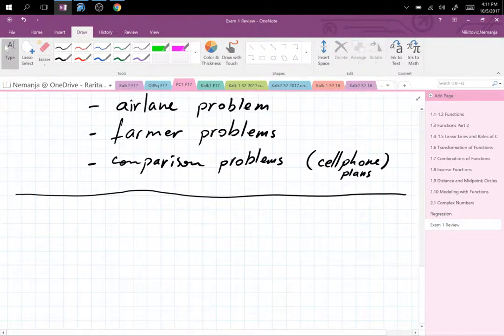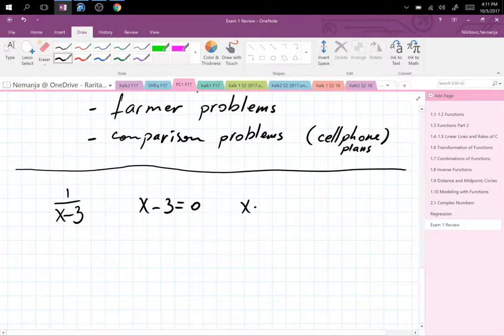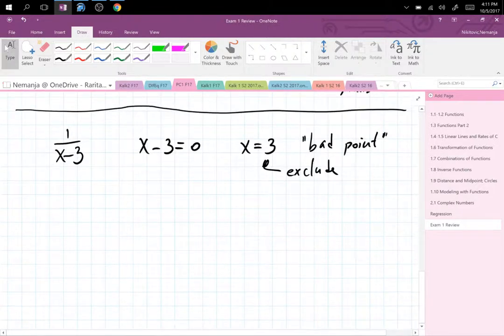If you are breaking a domain, let's say you have a problem of 1 over x minus 3. You set x minus 3 equal to 0, and you solve that x equals 3, which I can put in quotes as a bad point, because that's where the function explodes. You need to exclude this point from the actual domain, which is all numbers.